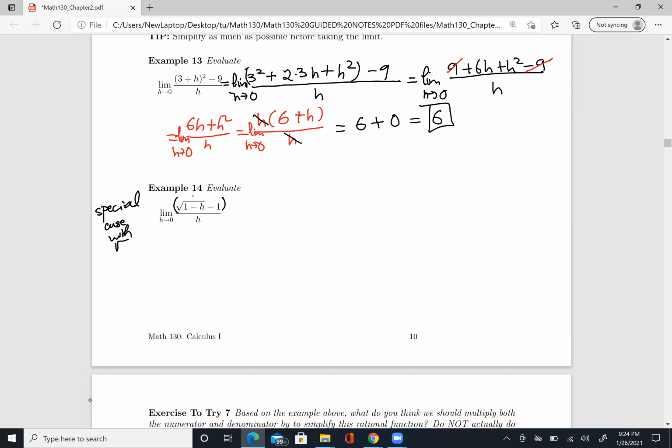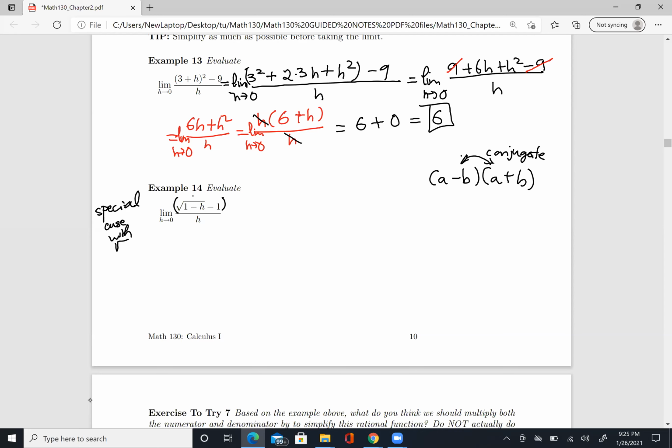So think about this. Do you understand conjugate? Okay, maybe you guys forgot. Like a minus b, the conjugate of it will be a plus b. So they are conjugates of each other. If you see a plus b, the conjugate of it is a minus b, or if you have a minus b, then the conjugate is a plus b.